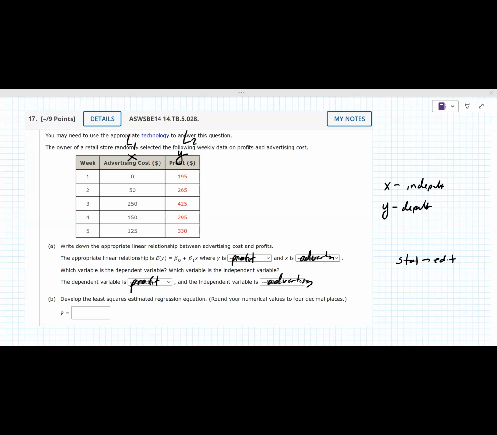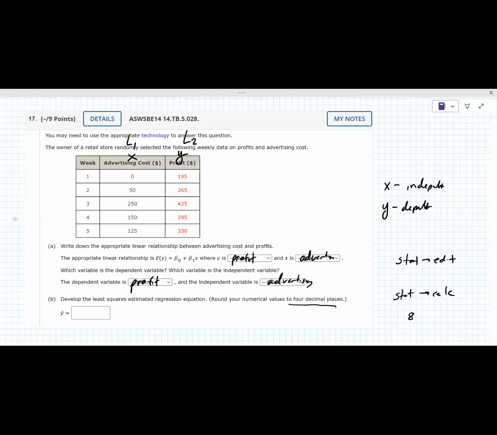And then I hit second quit, and then I go where? Stat, calc, and then it's like 8. Yeah.